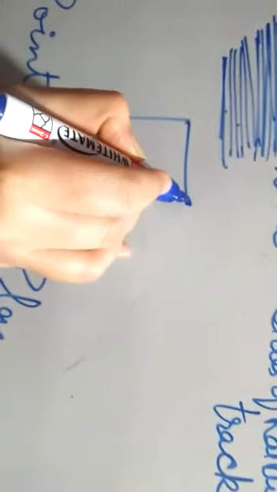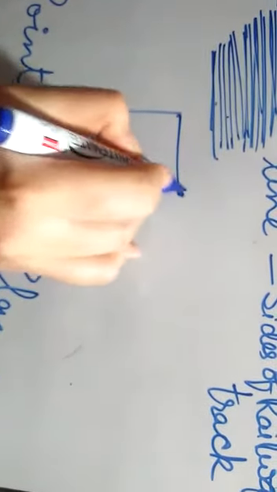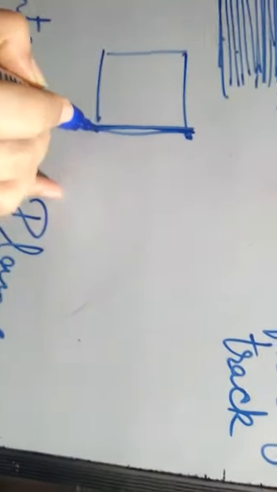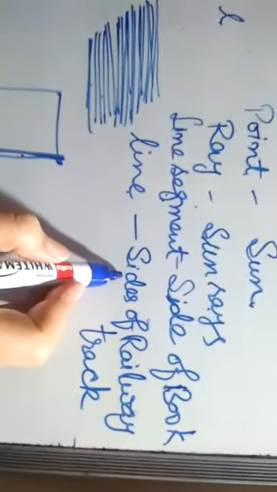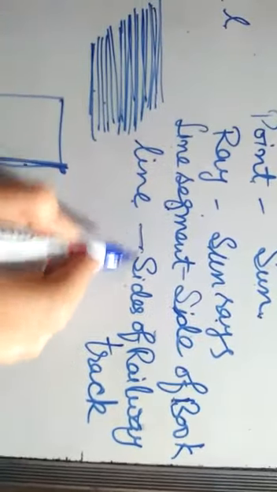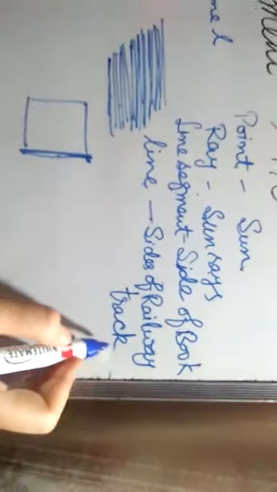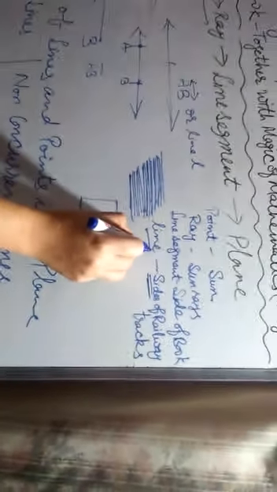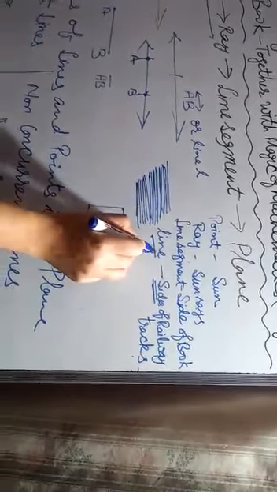Because if this is your book, starting from here up to this point, this edge, side of your book is called its line segment or length. Then line, usually we call railway lines, railway tracks. For the railway tracks, the sides are called as lines. This is also a good example of line.